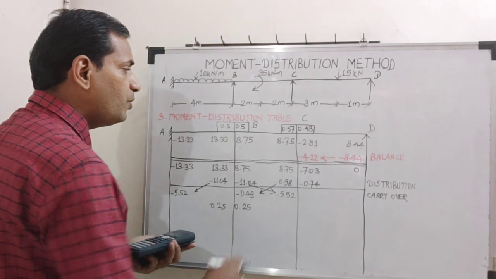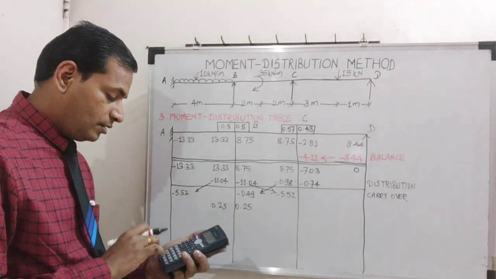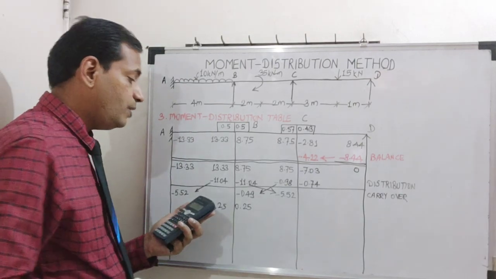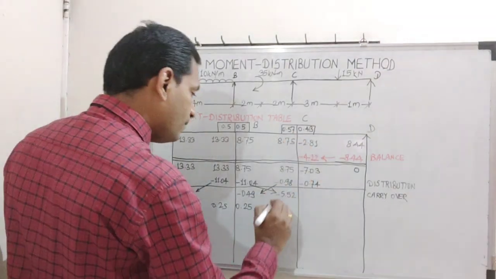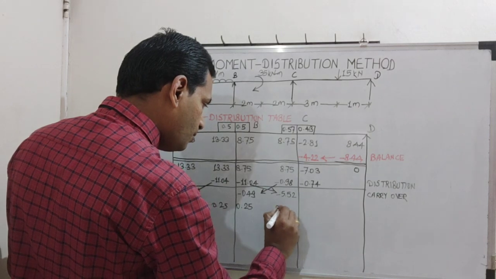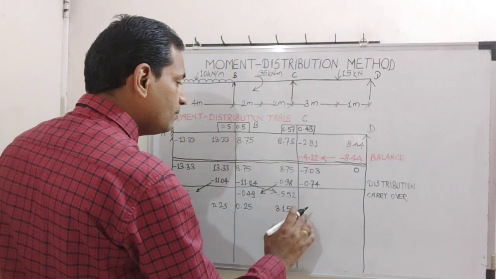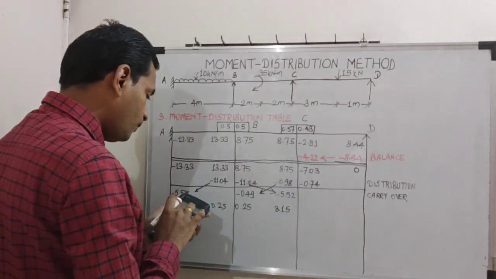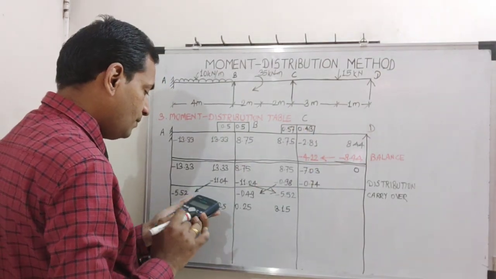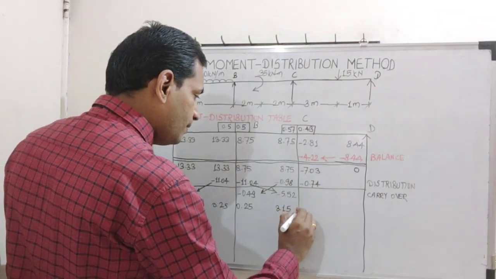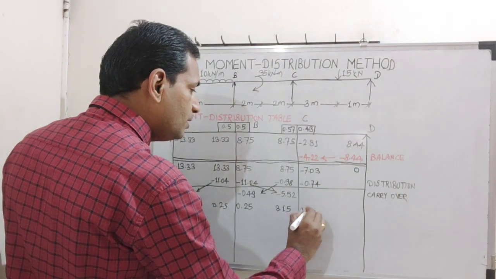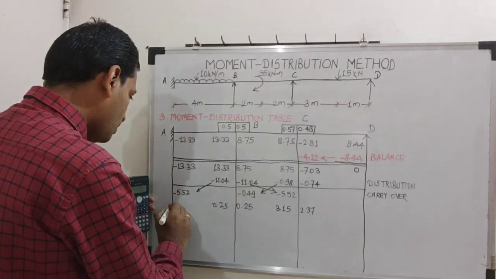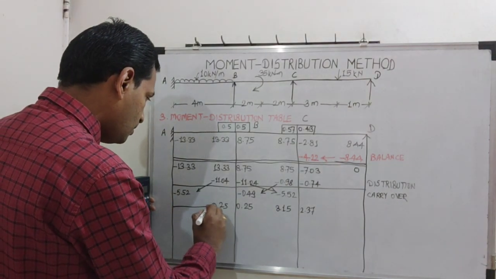Next is minus 5.52. Make it plus. So 5.52 into 0.57. So it is 3.15. Here plus 5.52 into 0.43. So it is 2.37. Our second distribution cycle or iteration, it is over.